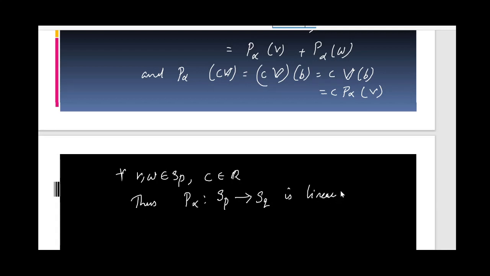So we have proved that P alpha from S_P to S_Q is linear.